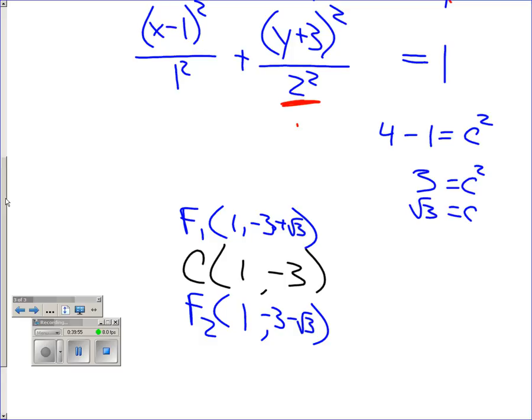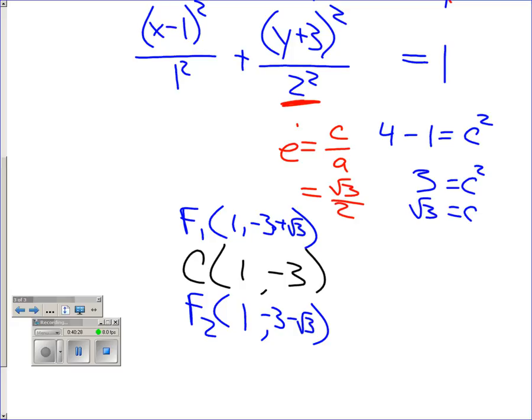Question is from Megan. Ask it again. It isn't always going to be square root of 3, but for the ellipses we're working with, the textbook wants to use nice numbers. If you look at the eccentricity of this one, let's take a look since you asked. Eccentricity is still c over a. It's root 3 over 2.